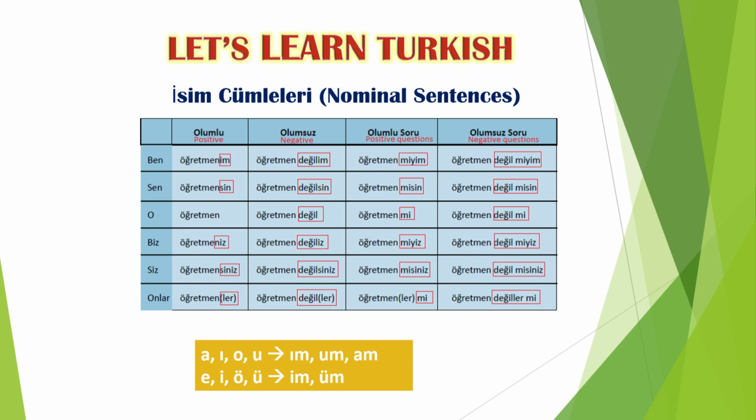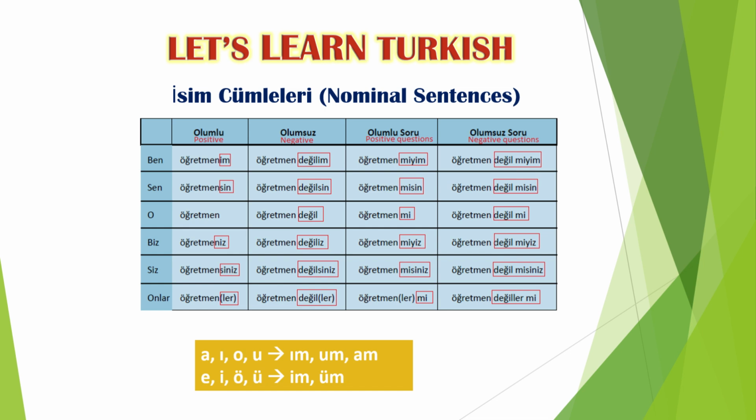How can we say what we are and what we work as? We can say it just by adding a suffix at the end of the word. For the personal pronoun I, we use the suffix im, ım, um, or üm.